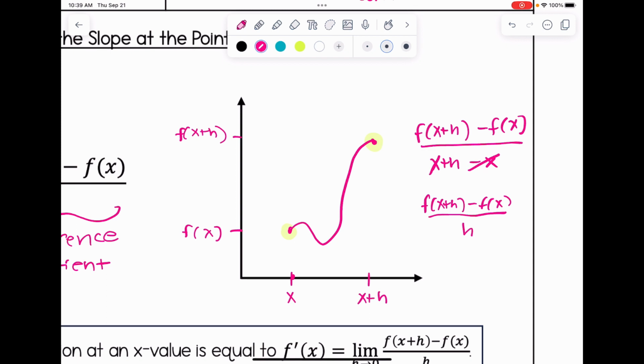Now, when we add in this extra part about the limit as h approaches 0, what that really means is we are trying to decrease the distance between these 2 points. And if we can make that distance just about 0, we are getting a very strong estimate of an instantaneous rate of change. Think about, again, your car ride to school.